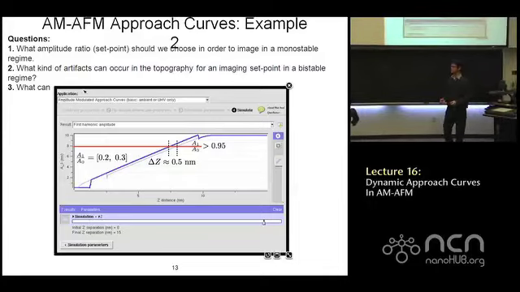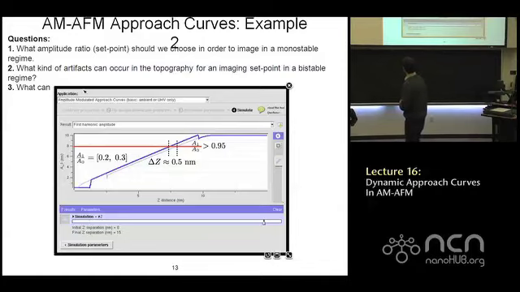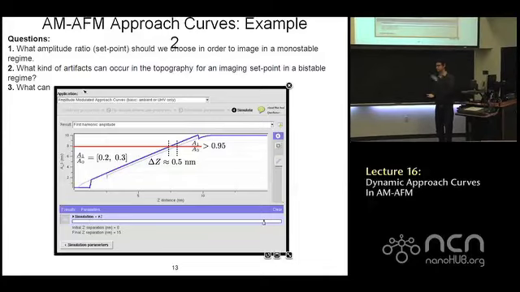It's a pretty precarious scenario: we have to image at a very low set point of maybe 0.25, or compromise the resolution and image at a very high set point. So it's a pretty undesirable scenario to take an image under. And if we get any closer, we have a bistable equilibrium where the tip can snap onto the sample, and any hopes of taking a reasonable image are gone at that point.